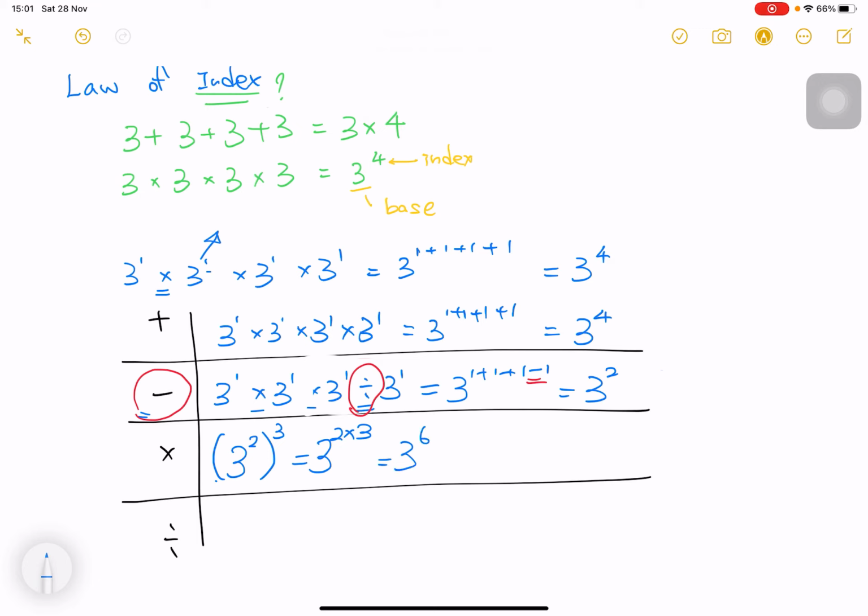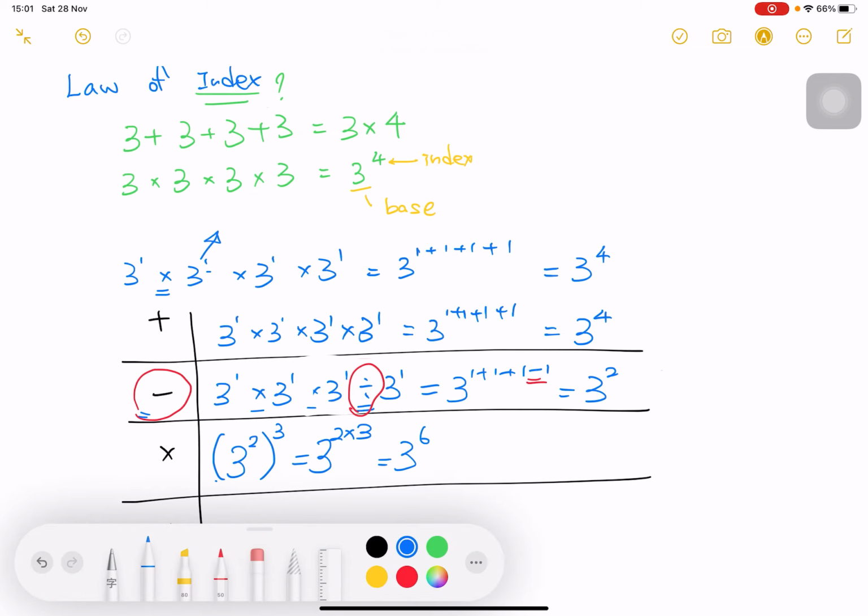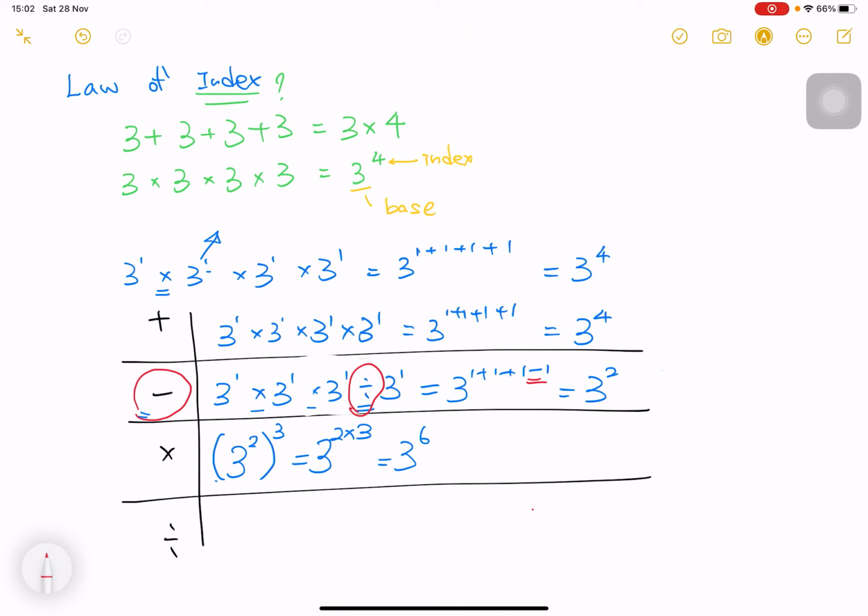And you may think, why should the answer be like this? Why should it be multiplications? So I can just make a simple explanation to you. You can think of inside the brackets, we make it like an apple.